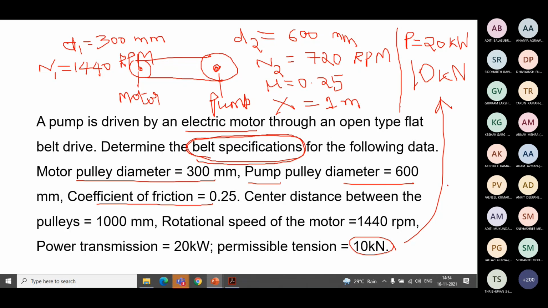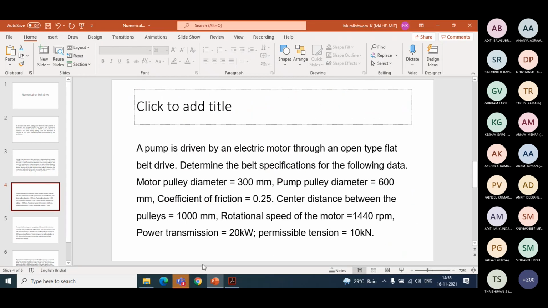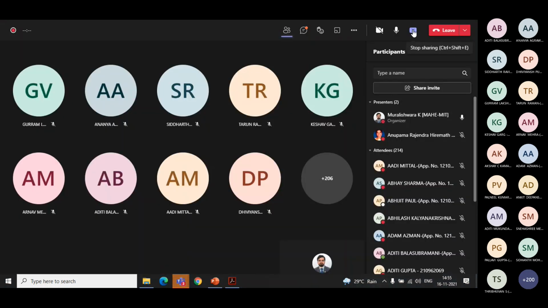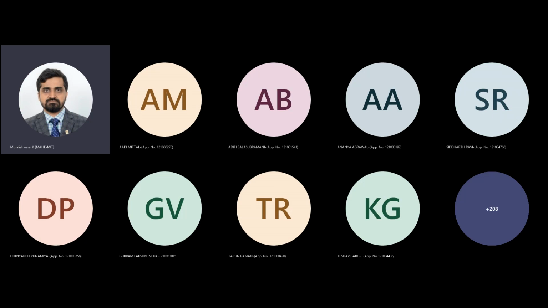You note down whatever I have written here. I will write it down again. We'll move on to the whiteboard. Parallelly you can do the calculation on your own.